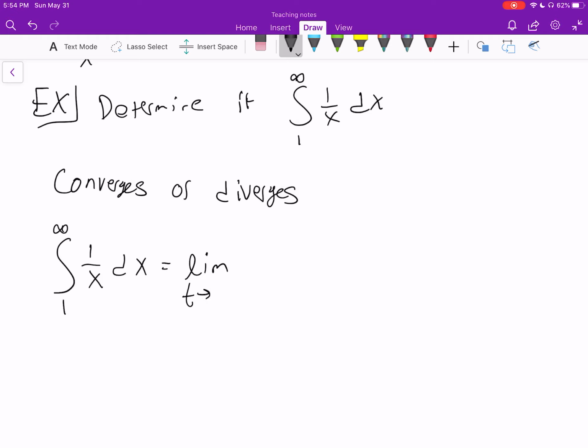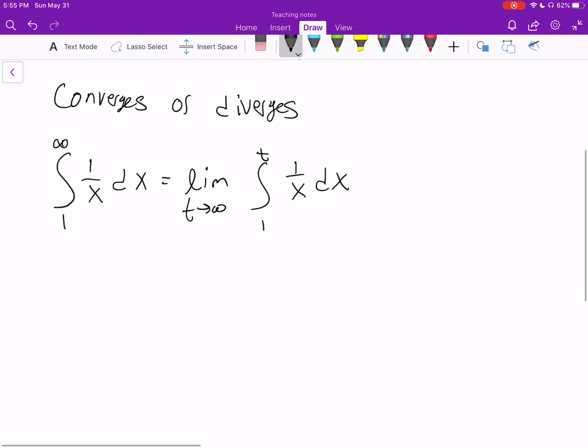So this is the limit as t approaches infinity of the integral from 1 to t, 1 over x dx. So the idea is, instead of taking the top to be infinity, I take it to be some variable number and let that variable go off to infinity after I've integrated.